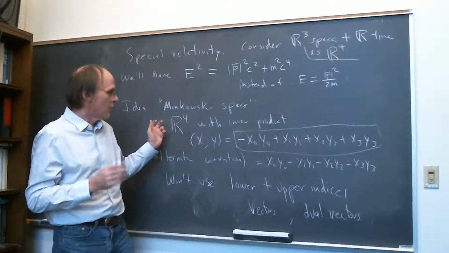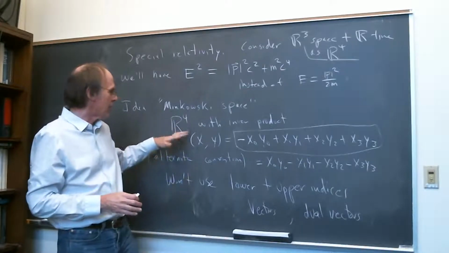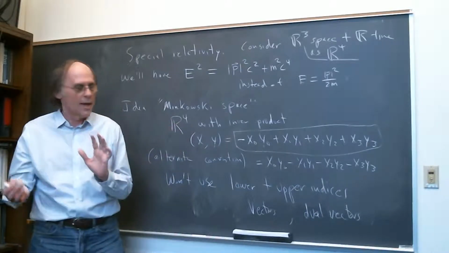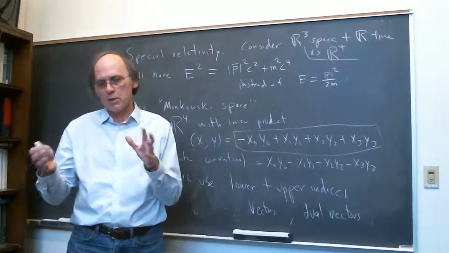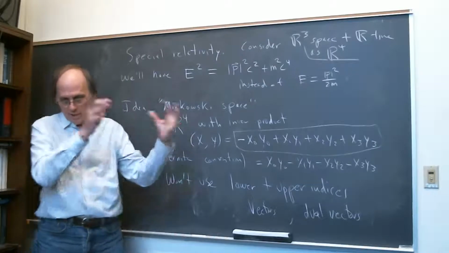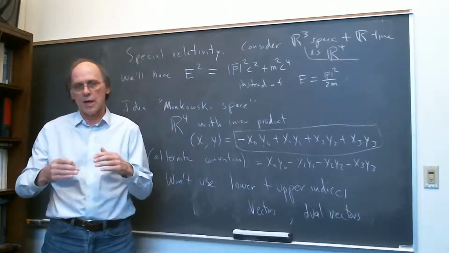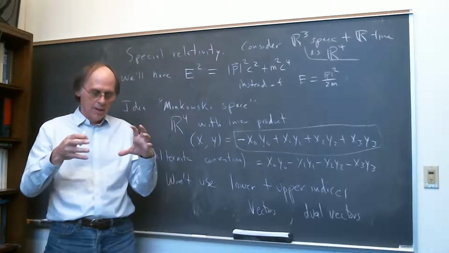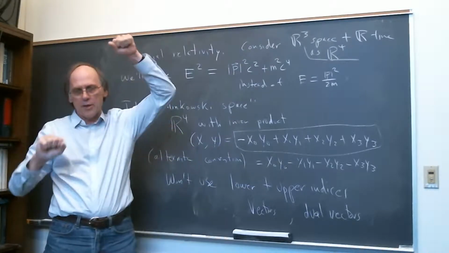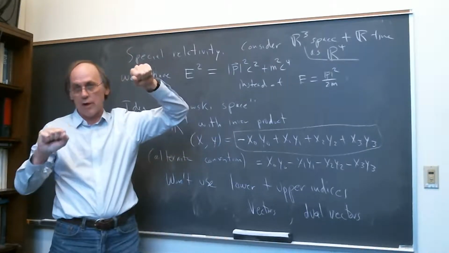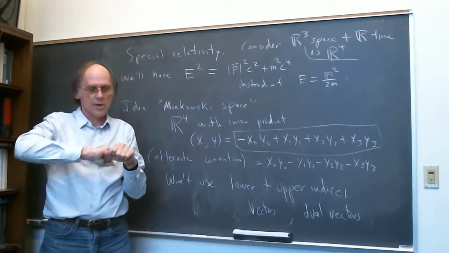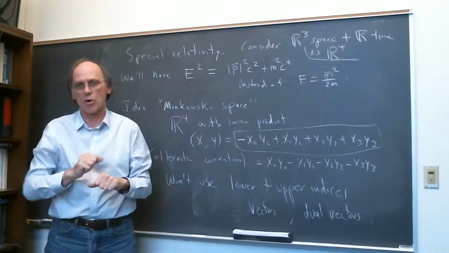And then when you have a metric, you can use the metric tensor to give you an isomorphism between tangent vectors and cotangent vectors. You use upper and lower indices to tell the difference between vectors and covectors, and you use the metric tensor to raise and lower indices to give you an isomorphism between the two.